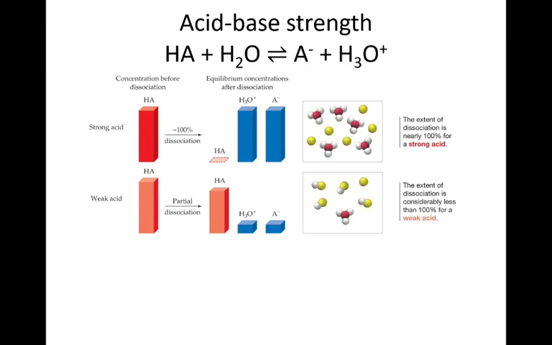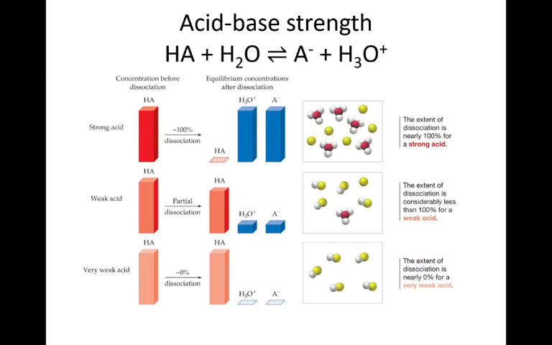A weak acid only dissociates partially. So we still have some HA, some of the reactant, left over at equilibrium, as well as some H3O plus and A minus. So if you were to zoom in on the solution at equilibrium, you would see that we have some conjugate base and H3O plus, but we also have a significant amount of the HA acid form. So if the extent of dissociation is rather less than 100%, that's what we call a weak acid.